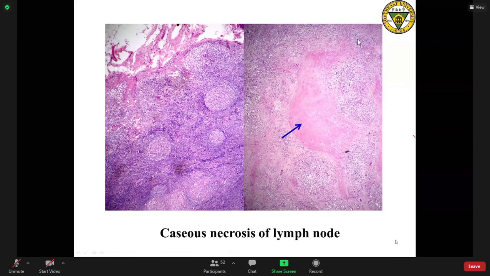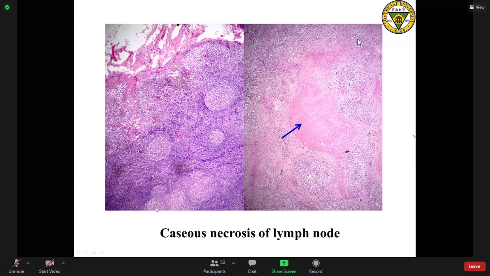Okay. In my microscope, you can see the capsule area, and here are some remaining lymphoid nodules and many lymphocytes in this area. But we must notice this area is different.